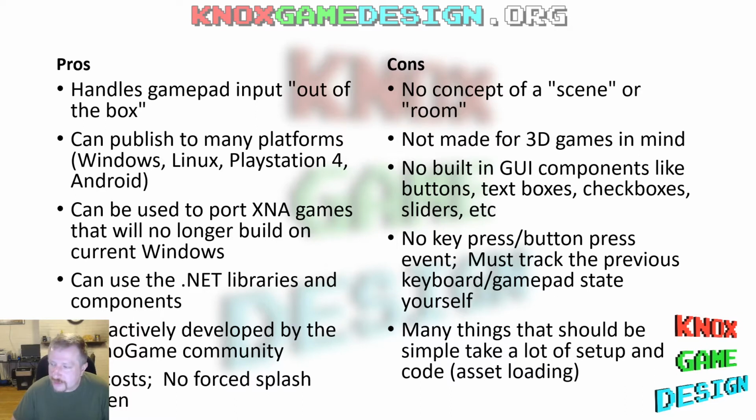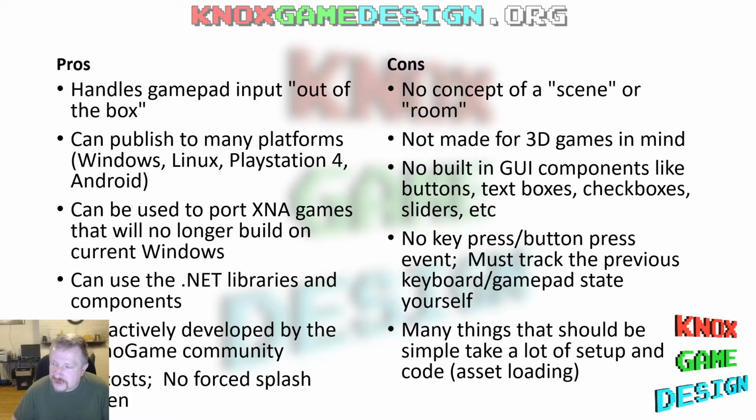One nice thing about MonoGame, as opposed to the old XNA, you can publish your games to multiple platforms, such as Windows, Linux, PlayStation 4, and Android. And as I mentioned, you can use it to port your old XNA games to the current version of Windows.